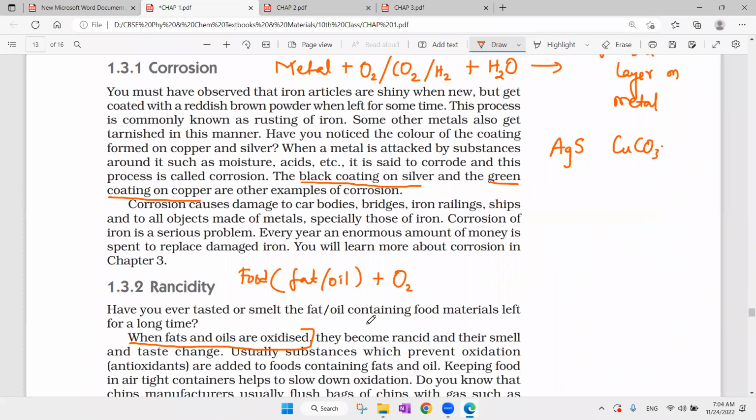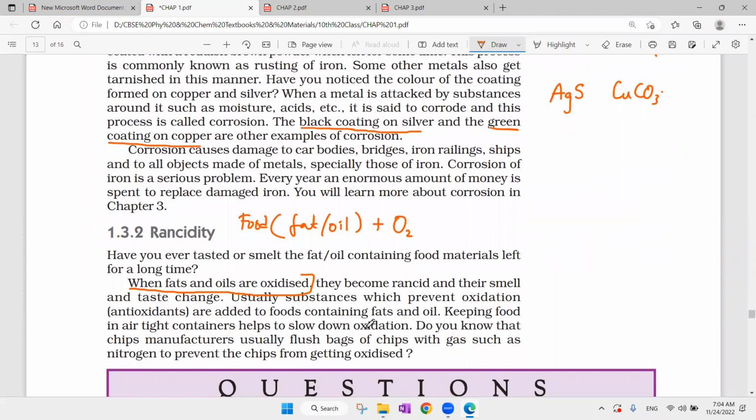If food items which have fats and oils are exposed to oxygen, it leads to a change in smell or taste. So the changing of smell or taste is nothing but rancidity.